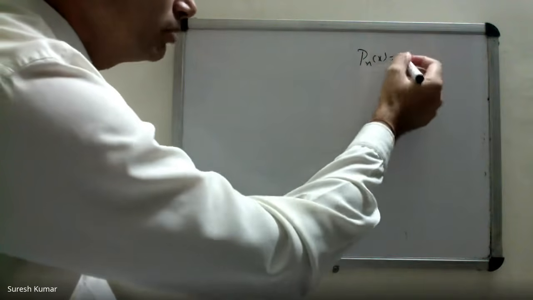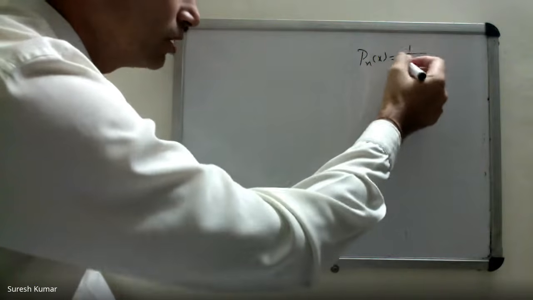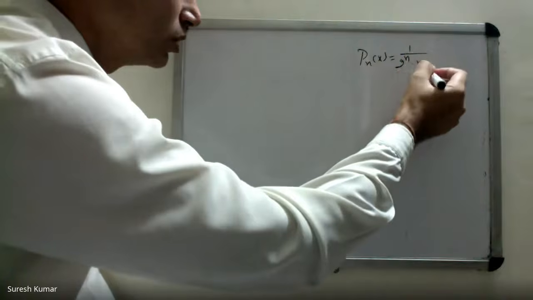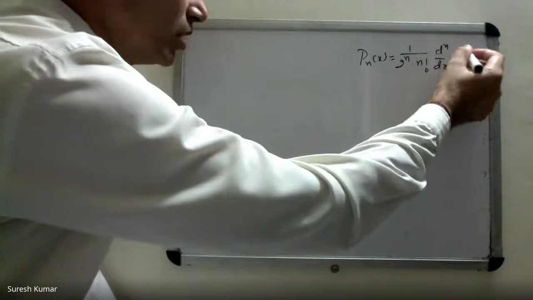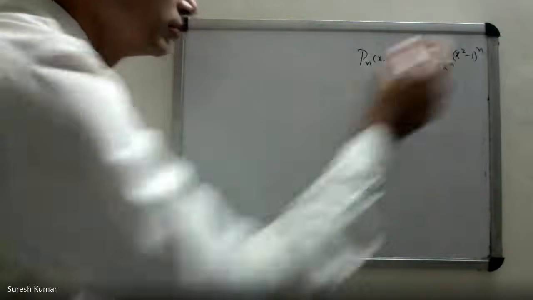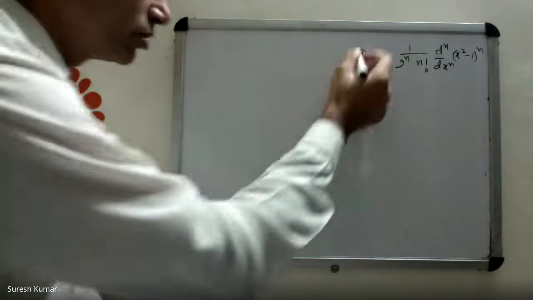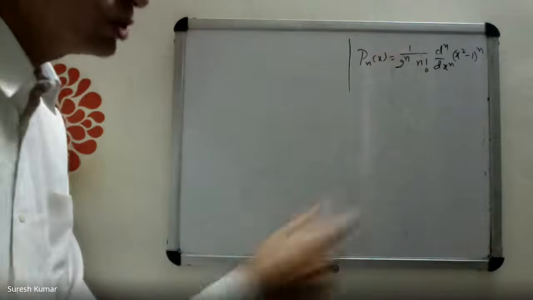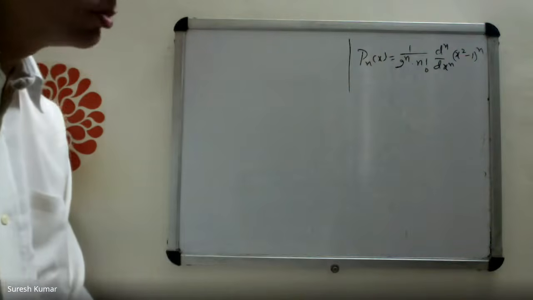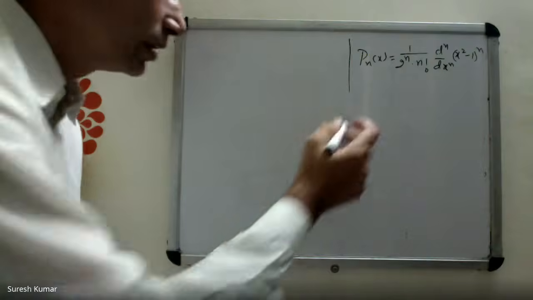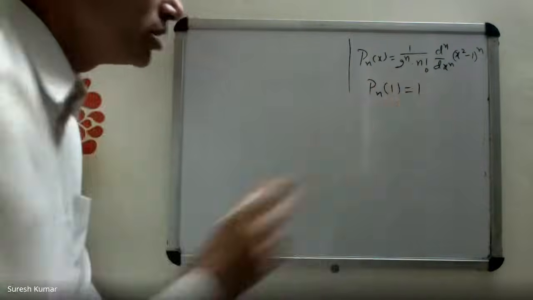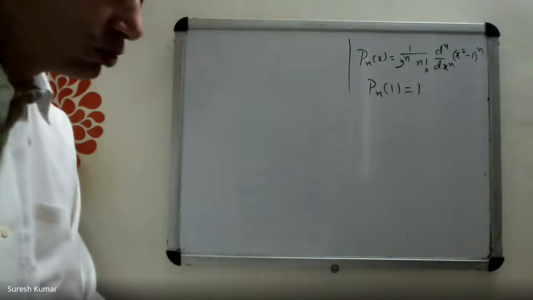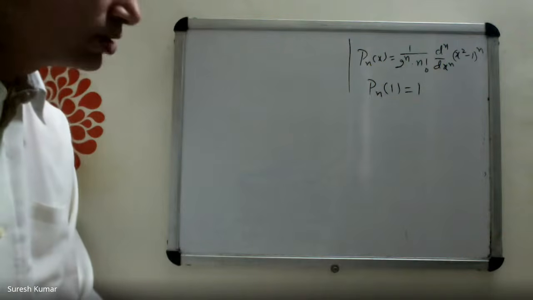Pn(x) can be obtained from the Rodrigues formula given by 1 over 2 power n into n factorial, nth derivative of (x square minus 1) whole power n. This is the Rodrigues formula, okay? Using this, substituting n as 0, 1, 2, 3, etc., you can obtain the Legendre polynomial of any degree. Second thing, Pn(1) is always 1. Note down these 2 points about the Legendre polynomials.